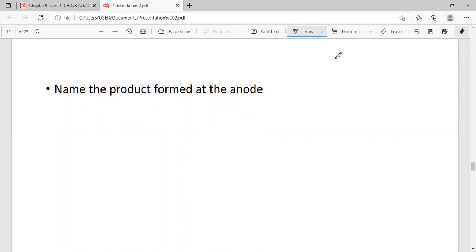If the question asks you name the ion, then only you give the name of the ion. Here you're asked to write the name of the product. Okay, so the product here at the anode is chlorine gas. Even if you just write chlorine, that would be fine. But if you write chloride or chloride ion, no marks will be given.